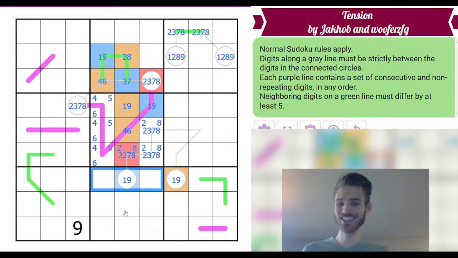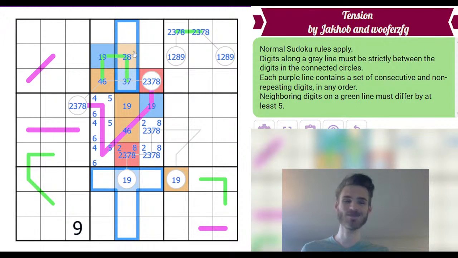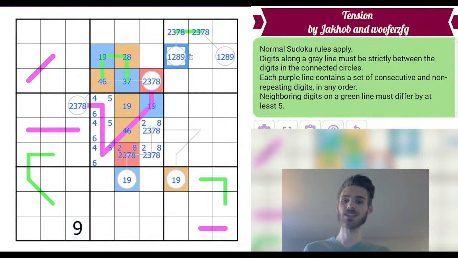So this sees down here. Purple. Oh wait, the 1, 9 in here is orange. And that orange sees that cell. So this is orange, and this is blue, and this is a 2, 8, and this is a 1, 9. Very cool. Very cool.